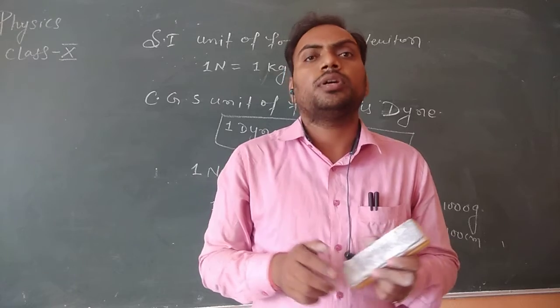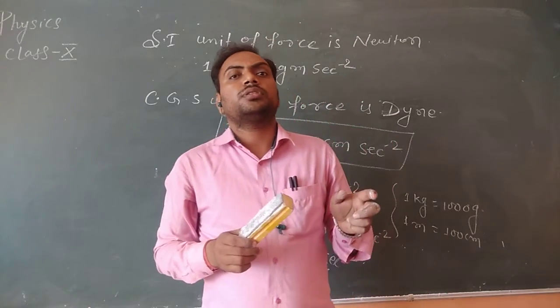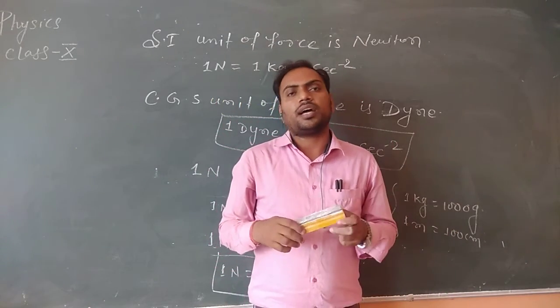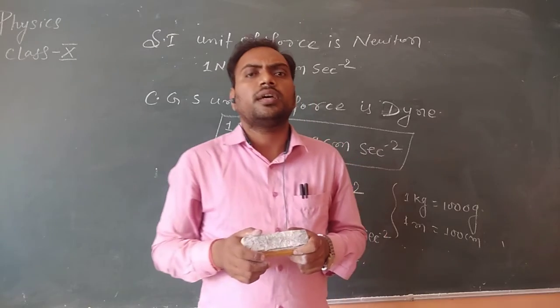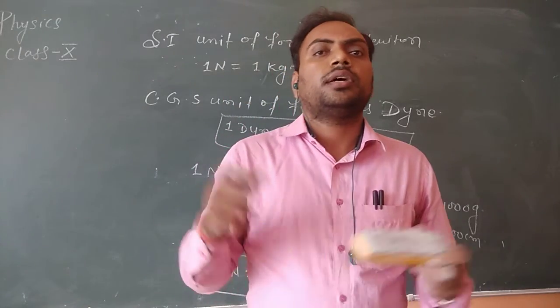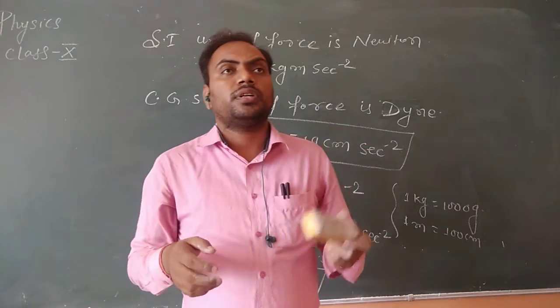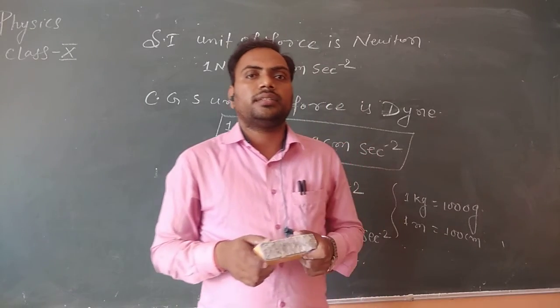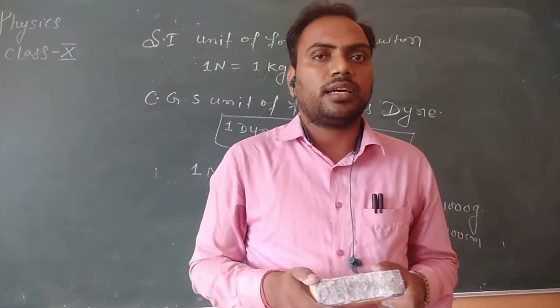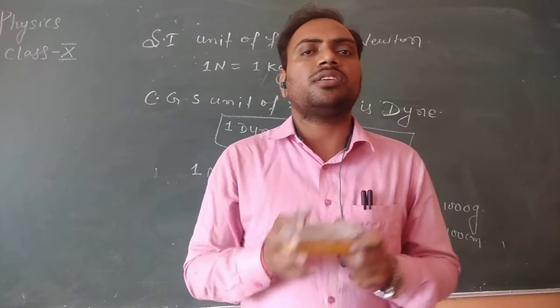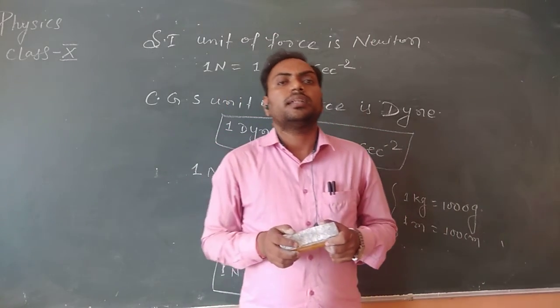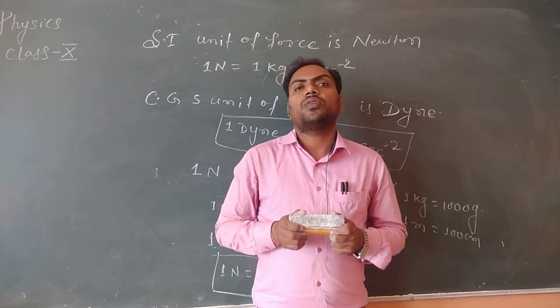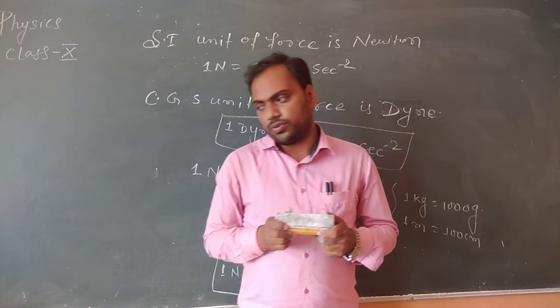Then that force is a non-contact force. Another example of non-contact force is electrostatic force. Two charges of different kind attract each other, and the same kind repel each other. Definitely they are applying some force on each other. That force is a non-contact force.